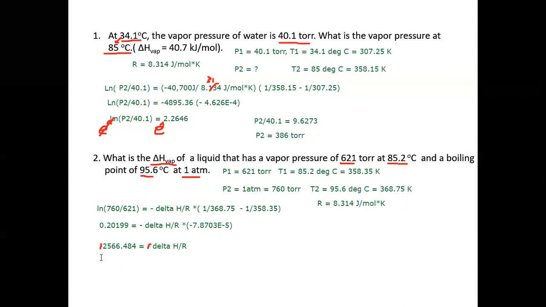So now we have 2566.48. So again, I replaced R with its number 8.314, and now we get delta H.